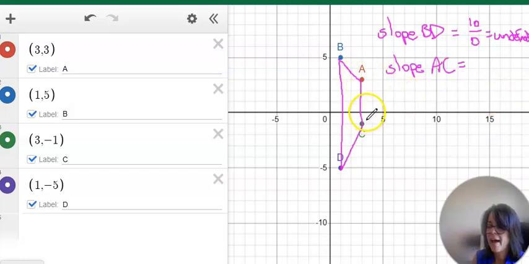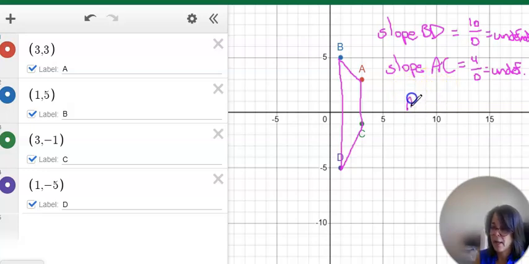And that is true of every vertical line. The same thing happens here. We go up 4, but we don't go left or right. And so we call that undefined as well. Because they're both undefined, they're both exactly vertical lines.